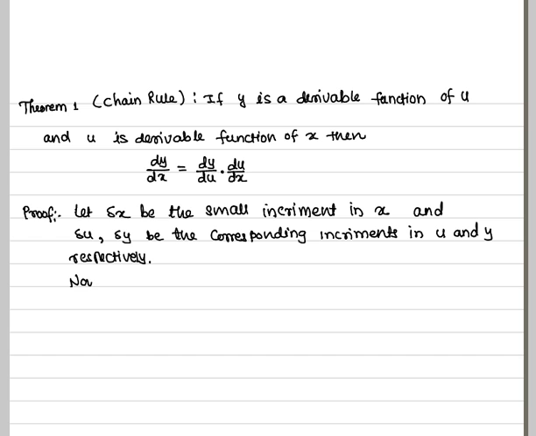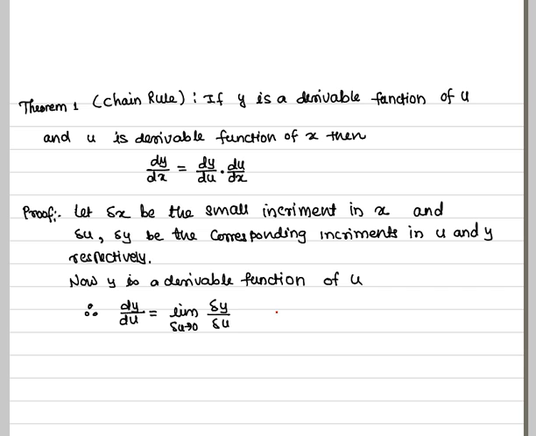Now y is a derivable function of u, which means its derivative exists with respect to u. So we can write that the derivative of y with respect to u, that is dy by du, which is defined in terms of increments as the limit of delta y by delta u as delta u tends to 0, exists.